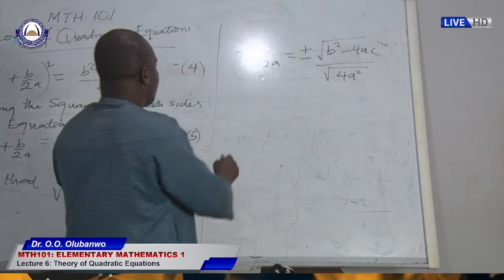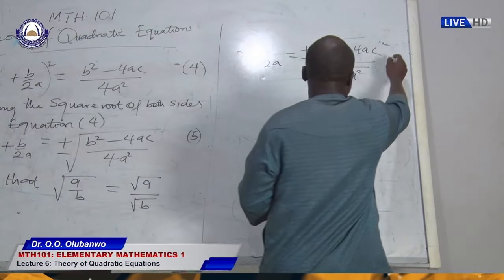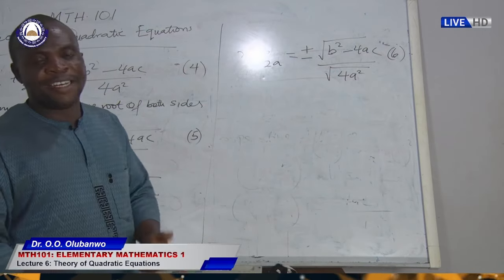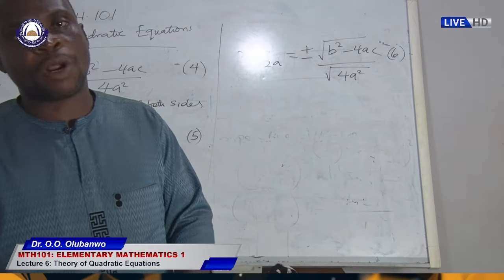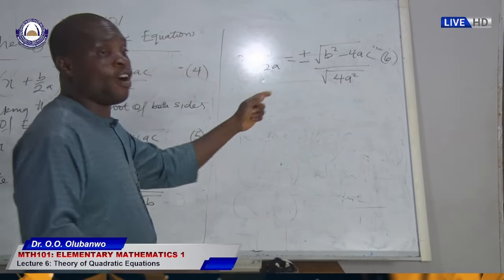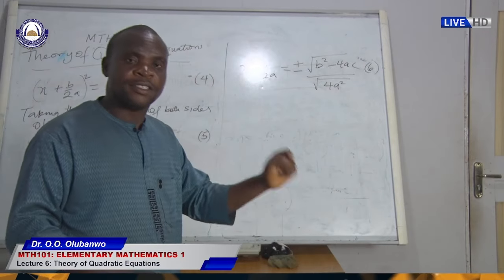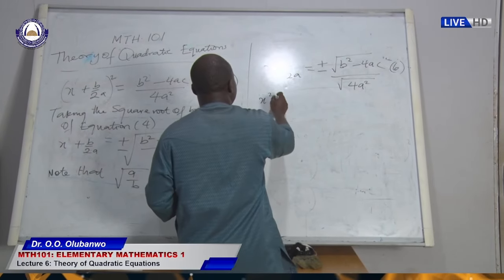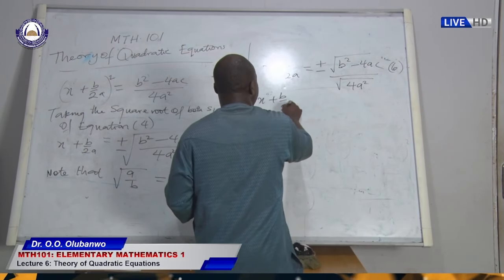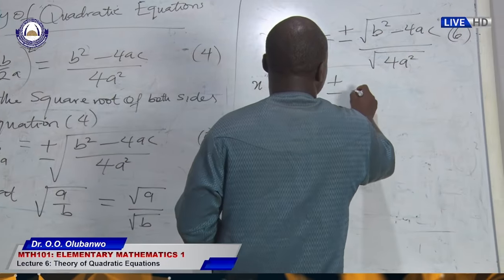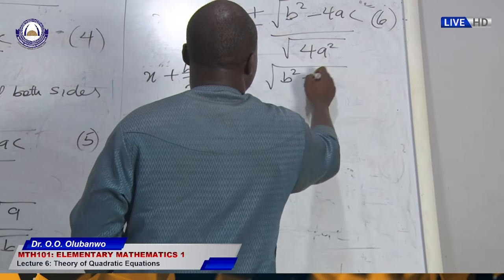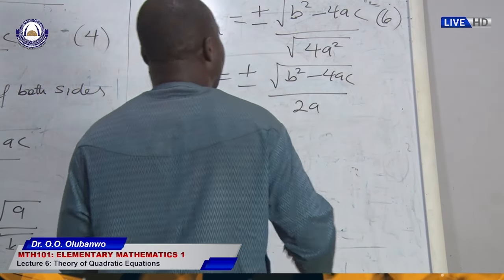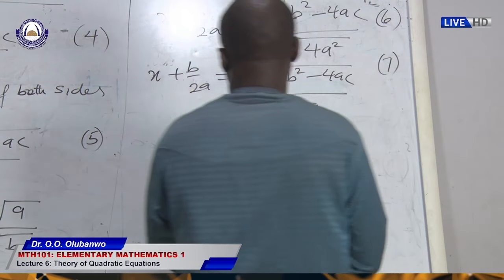Now, looking at this, the square root of 4a squared is 2a, which will give us x plus b over 2a equals plus or minus the square root of b squared minus 4ac over 2a. Label this as equation 7.